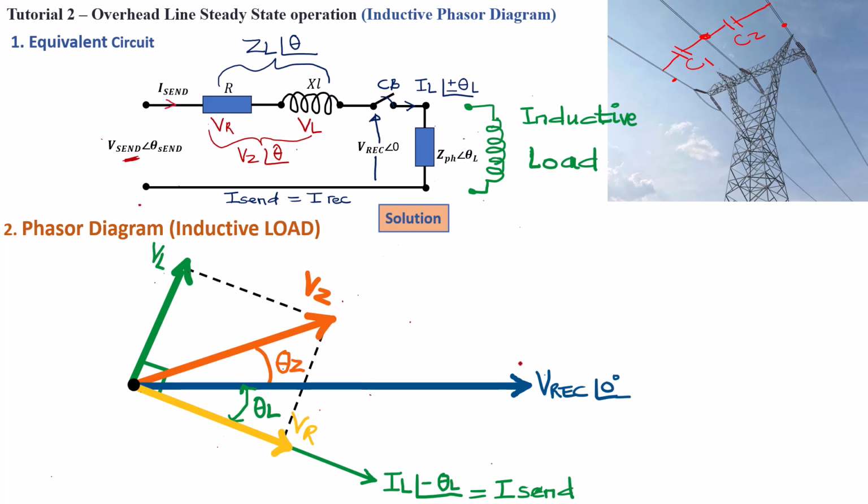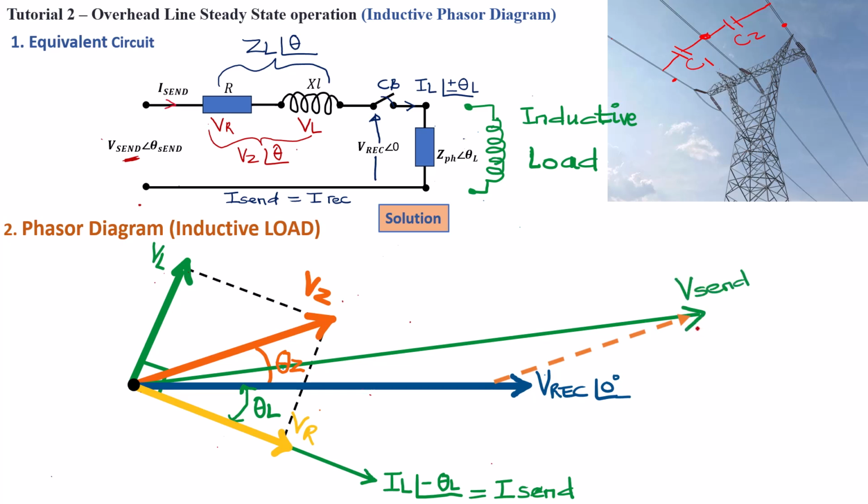So in order to draw it in a phasor diagram, we make a projection of this phasor here. We project it at the top of V receiving end here, and based on this projection, we can then go ahead and plot the V sending phasor from the reference to the top of this projection here. That will then be the V sending end voltage.